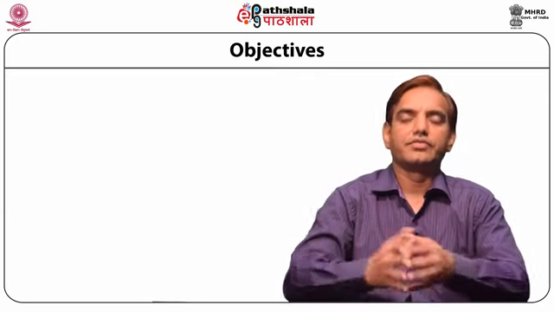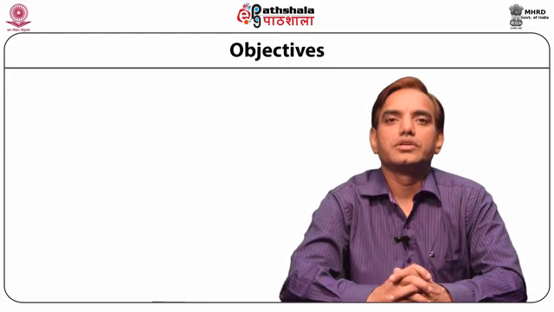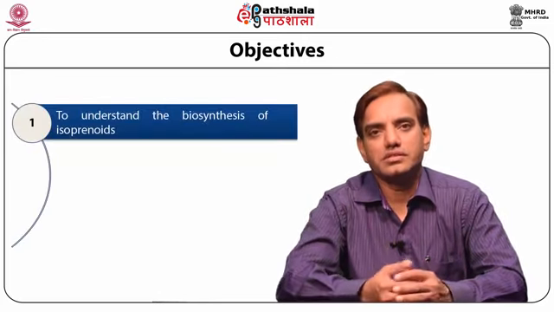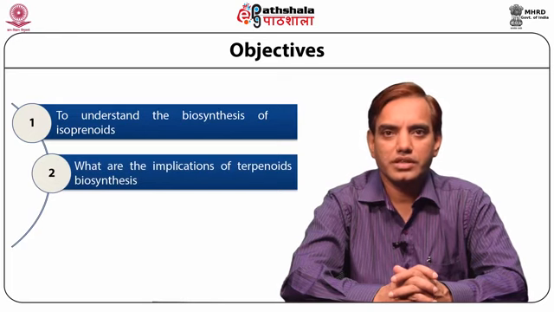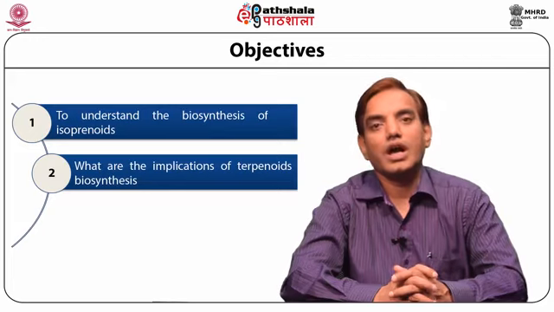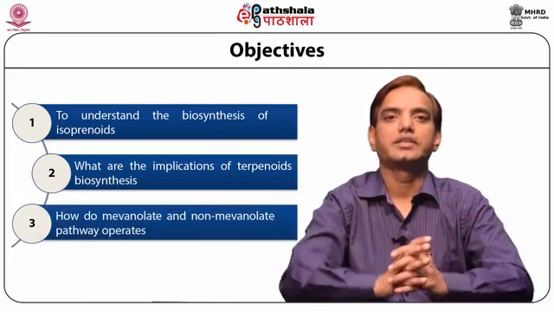The objective of the paper includes the understanding of the biosynthesis of isoprenoids and the significance or the implications of terpenoids biosynthesis. How do mevalonate and non-mevalonate pathways operate in a system.